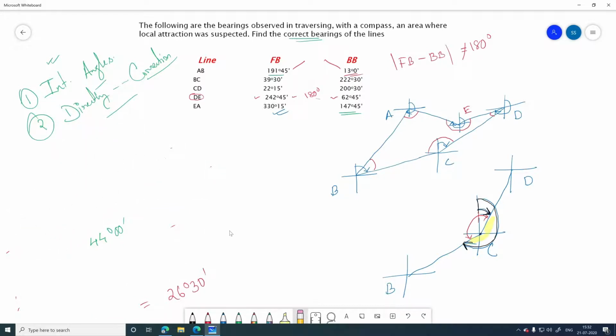I am keeping these two records. This is angle A and this is angle B. Now angle C, just like exterior C, exterior angle C will be forebearing of CB, that means this total one, and minus forebearing of CD.